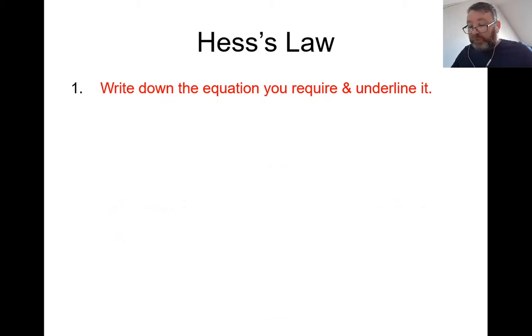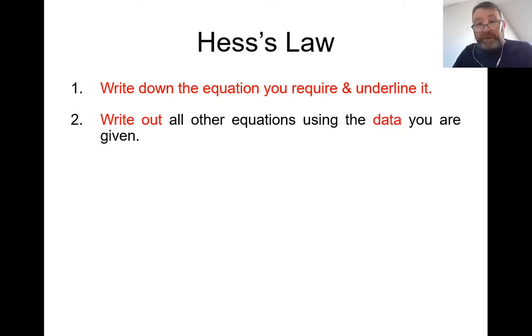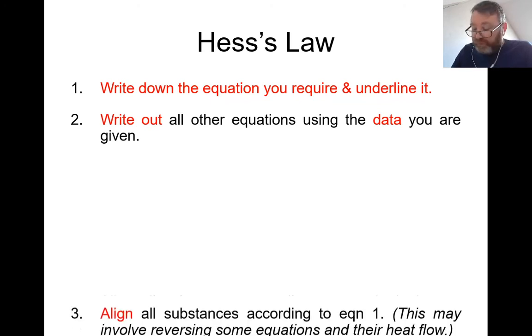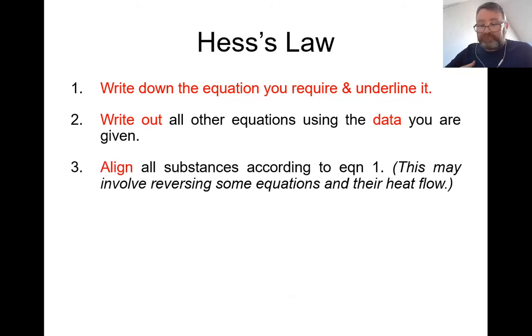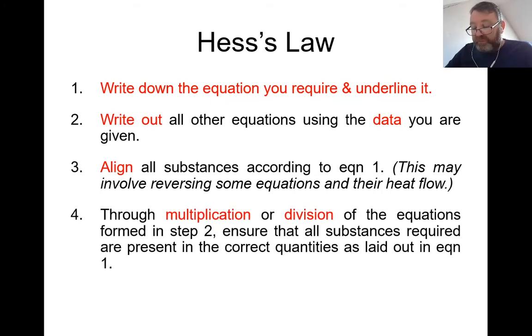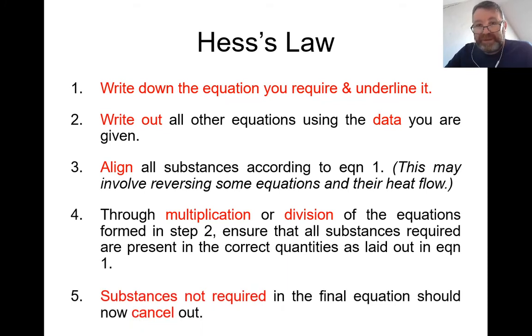Okay, so number one, write down the equation you require and underline it. Number two, write out the other equations using the data that you're given. So the lovely thing about this is they'll give you the building blocks. They'll give you the Lego set and they'll say, go away and build this equation here. Okay. Number three, align the substances according to equation one. Number four, make sure that the quantities are correct. And number five, eliminate.